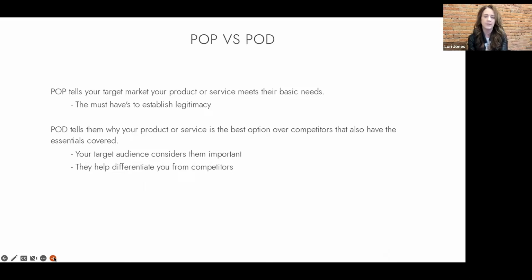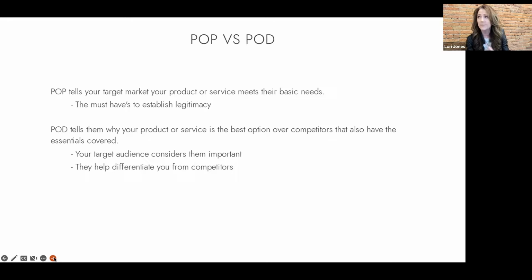So again, to illustrate this, the point of parity is really what positions you with legitimacy. It is the table stakes we use a lot in our conversations. It's what gets people to say, okay, they're at least a consideration. POD is why the product or service is the best option over the competition.